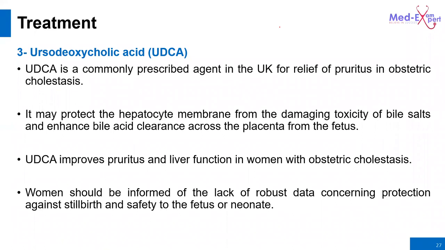It improves the pruritus and liver function in women with obstetric cholestasis, but you also have to counsel the woman that there is a lack of robust data concerning protection against stillbirth and safety to the fetus or the neonate. It improves the liver function tests, improves the pruritus, and increases the clearance of bile acids from the fetus. That's very good, but we don't have strong evidence that this can protect against stillbirth, and we are also not sure about its safety to the fetus or the neonate, especially the long-term consequences.